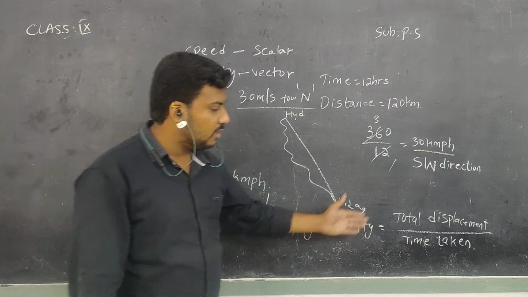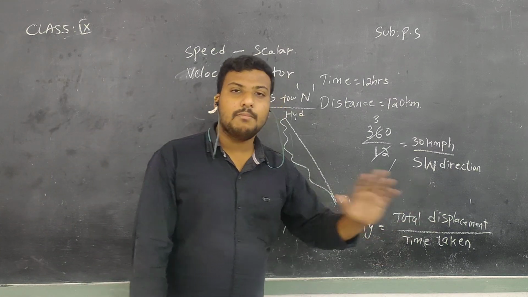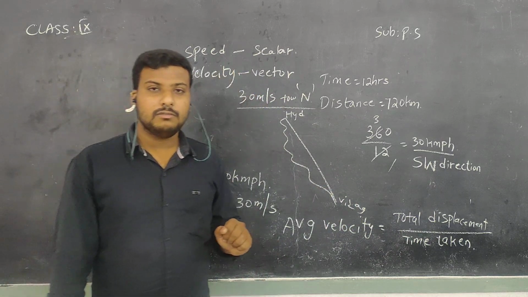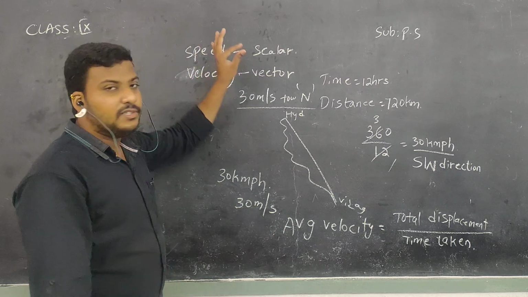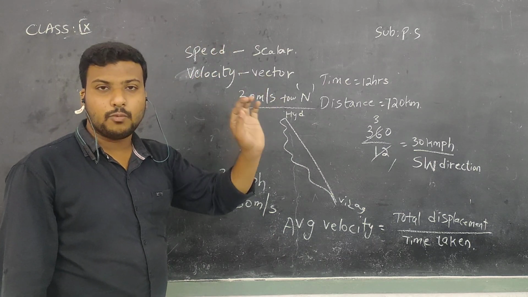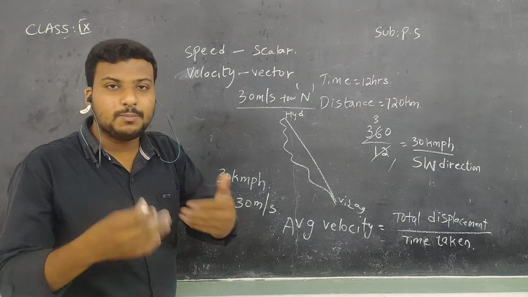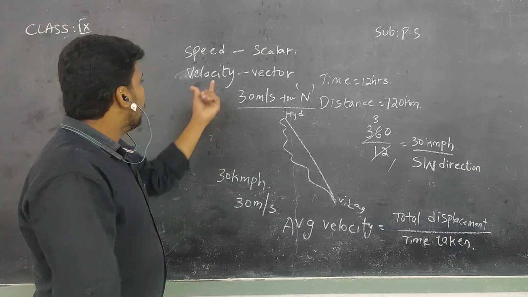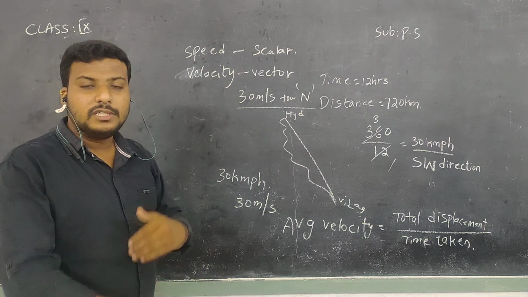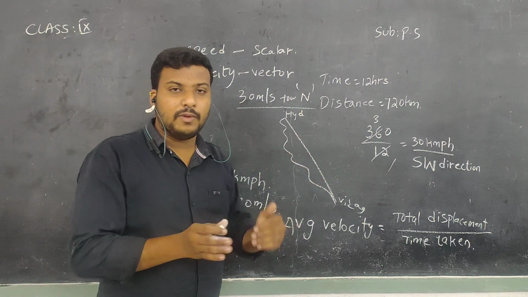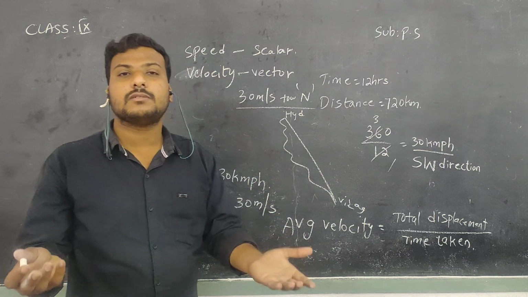Coming to the average velocity, total displacement by time taken. So these two are important topics, children. Speed is just a scalar quantity. It describes what speed the object is moving. Velocity is the speed of an object and it specifies in what direction it is moving, whether south or north or east or west.